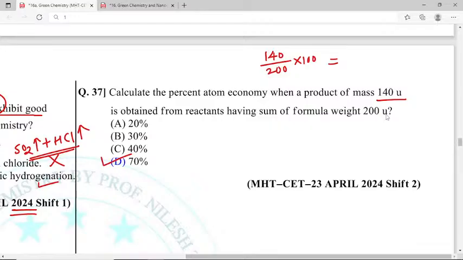So 70 is your answer. Next it is 7 into 10, so we'll get 70. Get it? So please note now: the formula mass of the product divided by the formula mass of reactant, multiplied by 100.